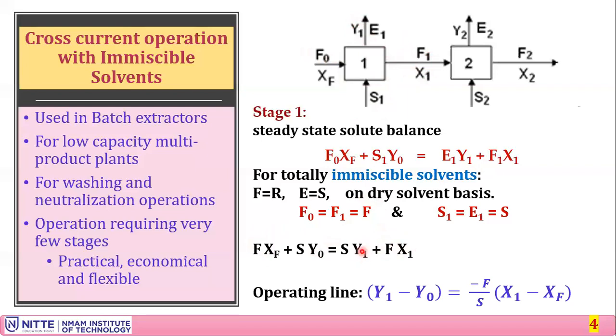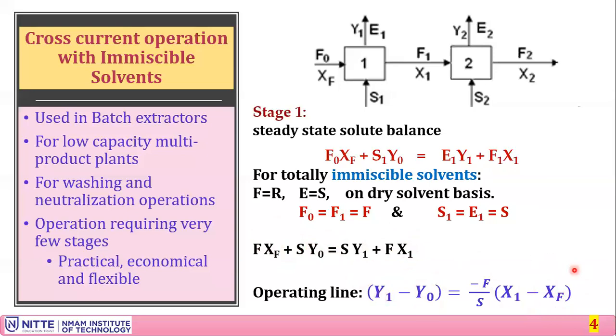When I'm combining, Y1 and Y0 are taken on one side, that is Y1 minus Y0, both having the common term S, and on this side XF minus X1. Instead of XF minus X1, let me keep it as X1 minus XF. It's supposed to be XF minus X1, but I have taken the minus sign here, so I can write it as X1 minus XF. The common term for the X's is F, and the common term for the Y's is S. So if you rearrange this equation, you will get an equation like this.